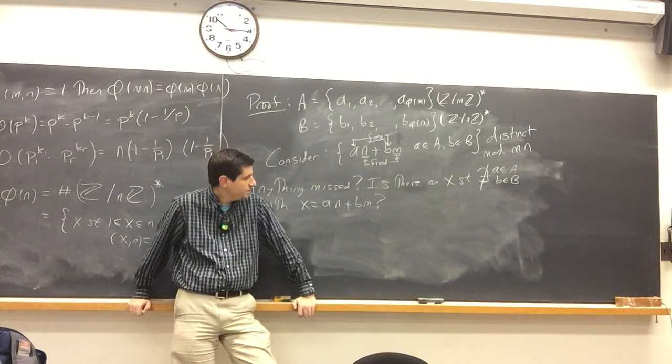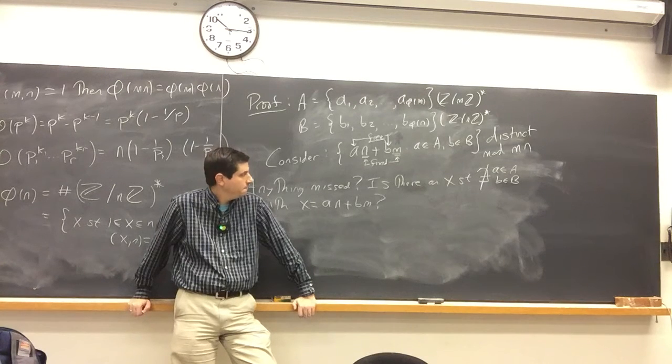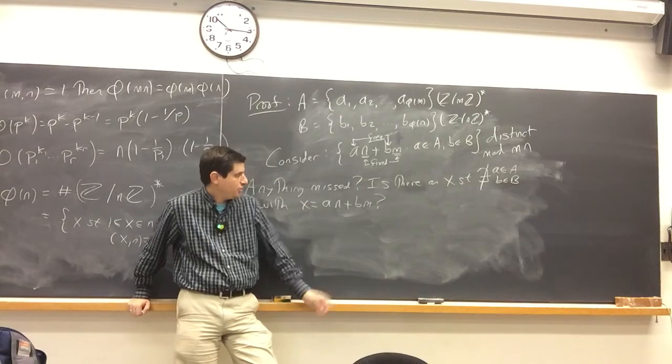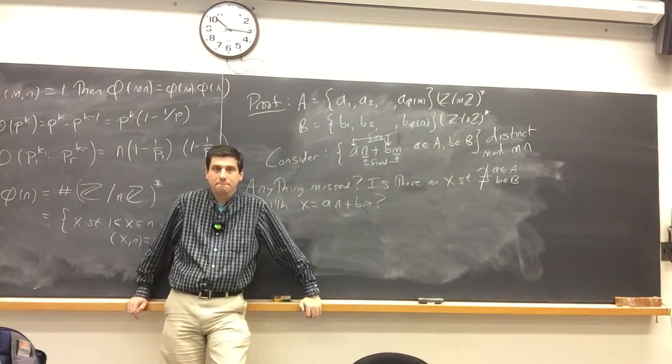So how do we try to find something like this? Now, are there any x that are not of this form an plus bm? What if we assume there is and then show that there can't be? Okay.